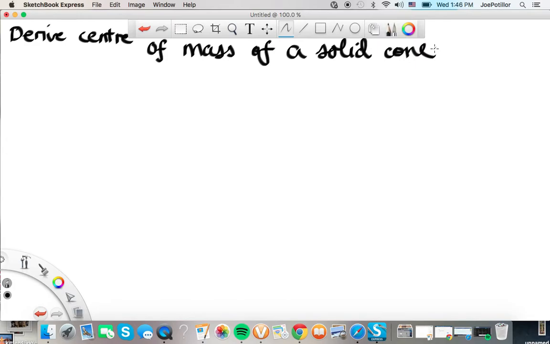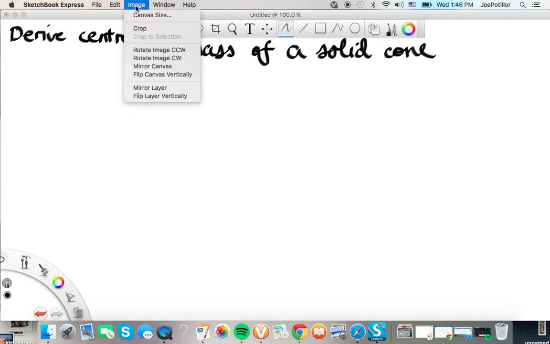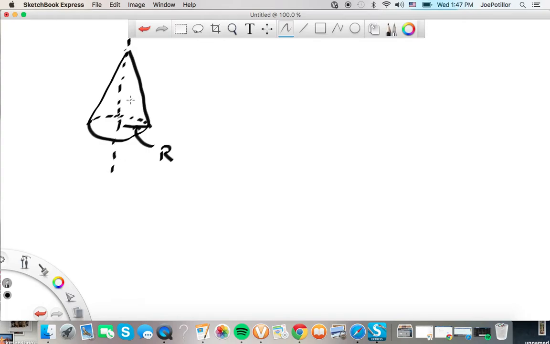So if we have a cone, something like that, let's draw one out. Let's draw a circular cone. We'll give it radius big R like that, and then we'll put it on an axis like that.